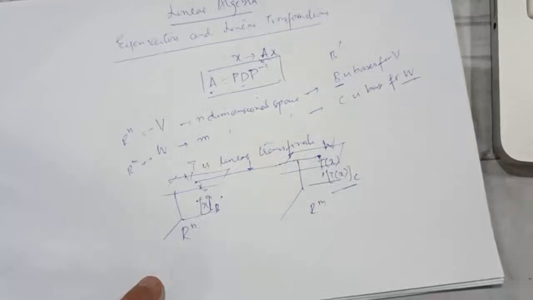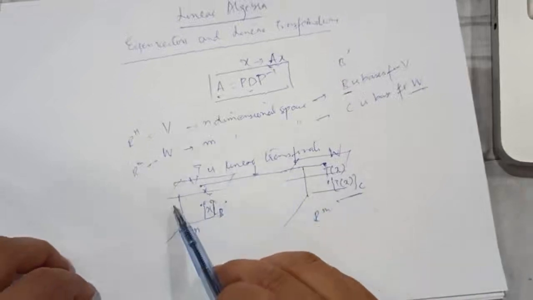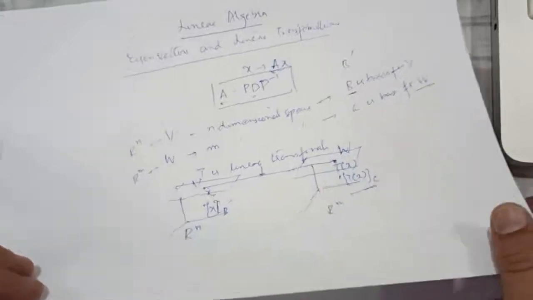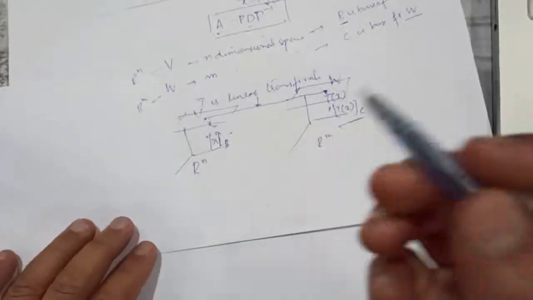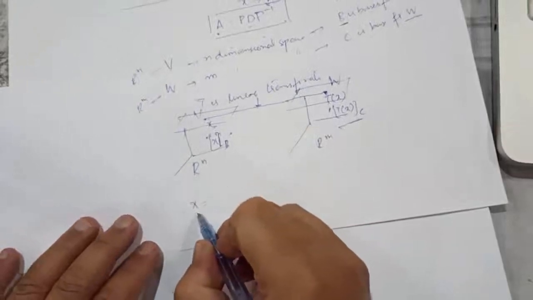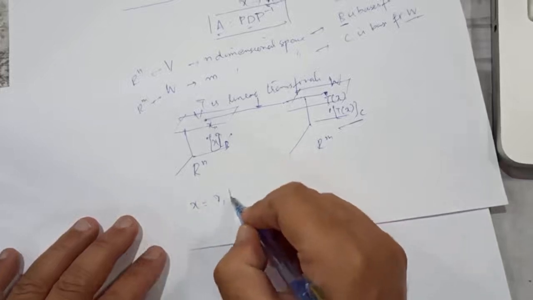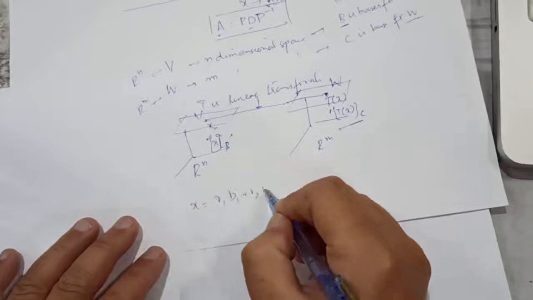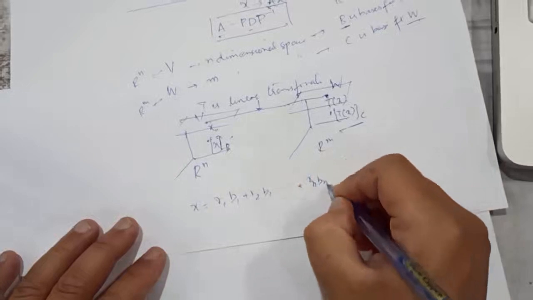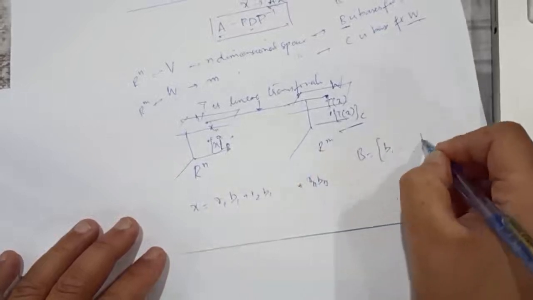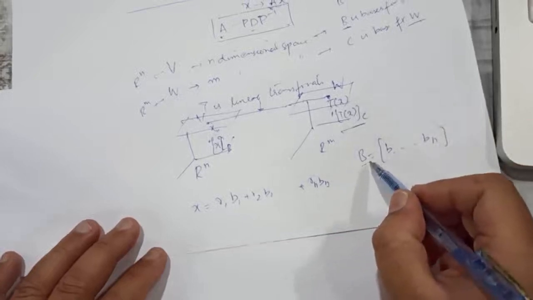So the idea here is, again, T is the transformation from V to W, and we know from our previous lectures that any point x can be written in terms of its basis, which is r1 times b1 plus r2 times b2, and, because it's an n-dimensional space, rn times bn, and B is nothing but b1, b2, up to bn, the basis vectors in this basis set B, right?